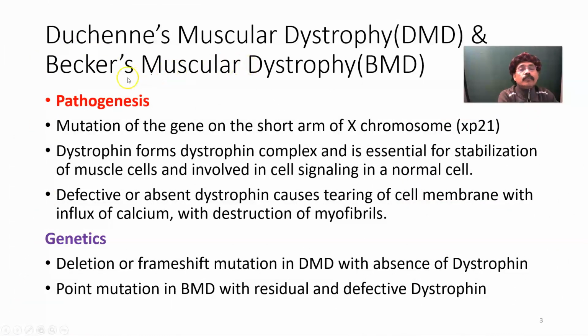Duchenne muscular dystrophy and Becker's muscular dystrophy pathogenesis. Mutation of the gene on the short arm of the X chromosome, Xp21. This is one of the largest genes of the human body. Dystrophin forms the dystrophin complex.